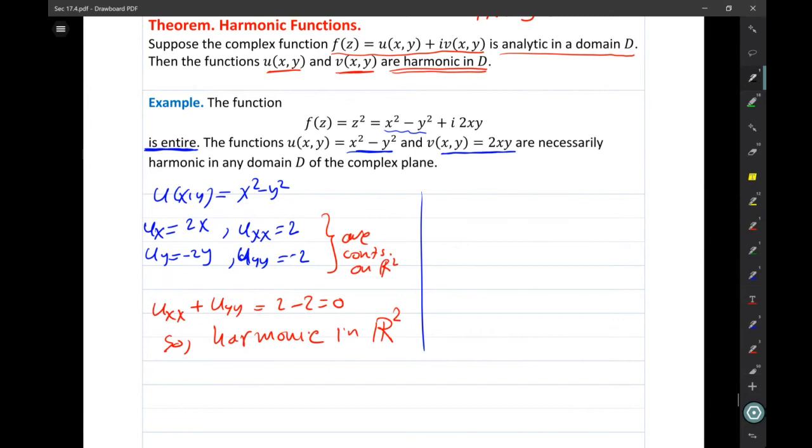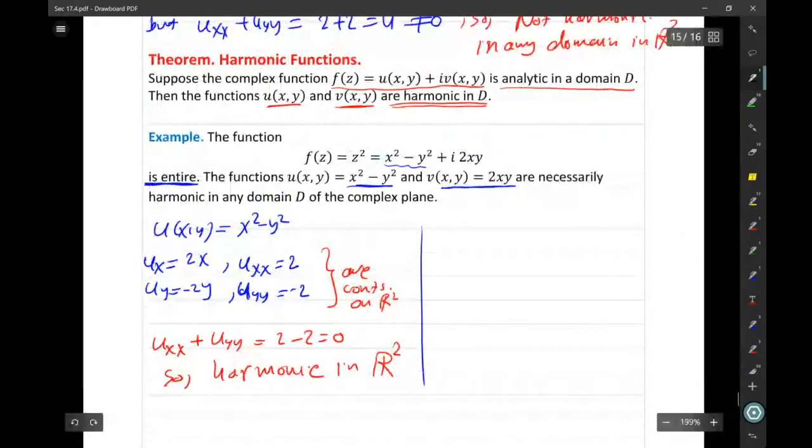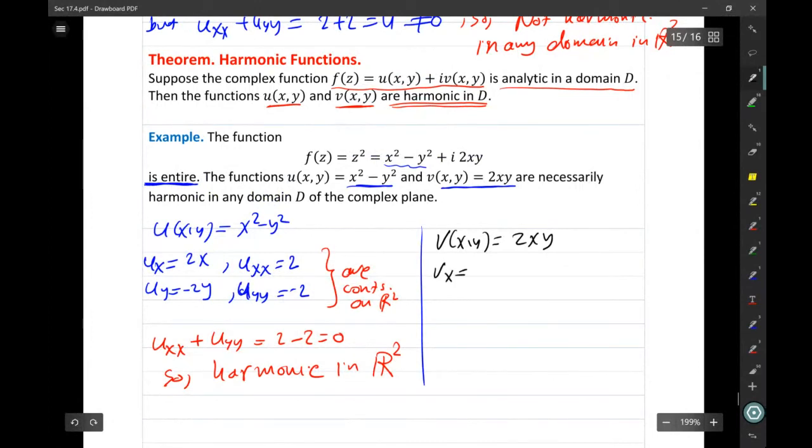Harmonic in R squared. Now check the second one. V_xy is 2xy. V_x is 2y, and V sub x is 0. V sub y is 2x, and V sub y is also 0.